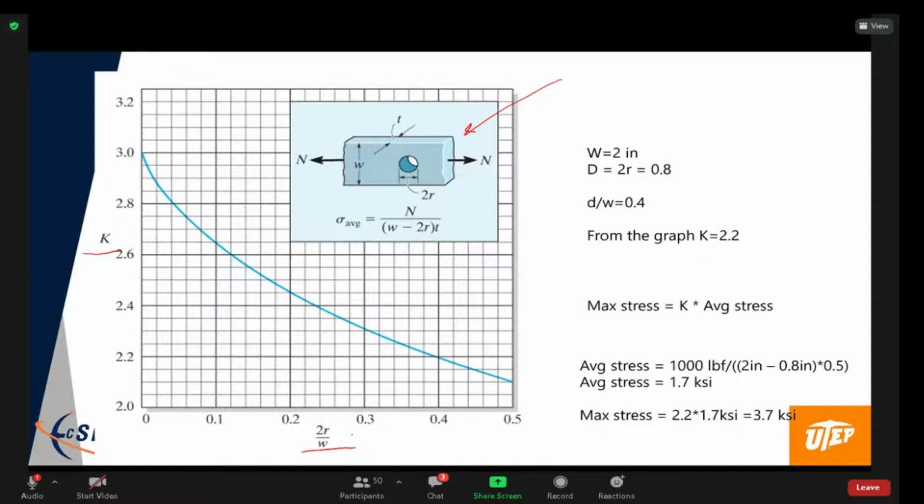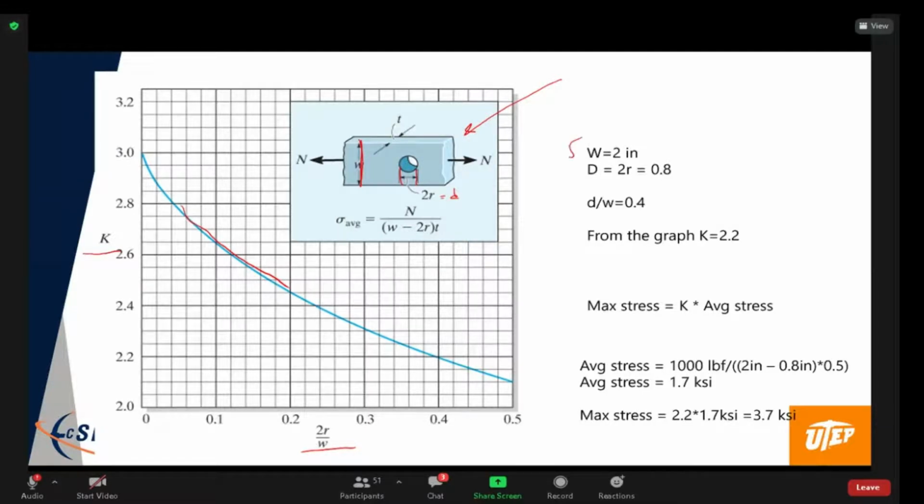On the x-axis, we have this parameter 2R over W. 2R is the diameter of the hole. So the stress concentration factor depends upon the ratio of the diameter of the hole over the total height, W, of the bar, and depending upon what that is, you can go to this plot and find K.